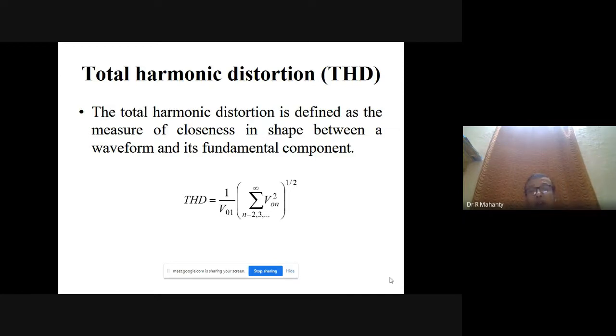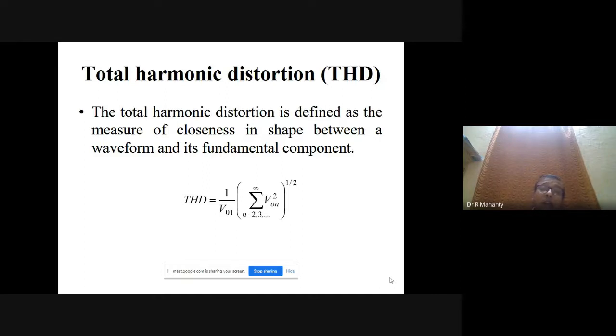Now there is one more definition, total harmonic distortion, or in short we call it THD. THD is very popular for defining the measure of closeness in shape between a waveform and its fundamental component. It is defined as 1 by V01, where V01 is the fundamental component, times the square root of the summation of V0n squared, n equal to 2, 3 up to infinity.